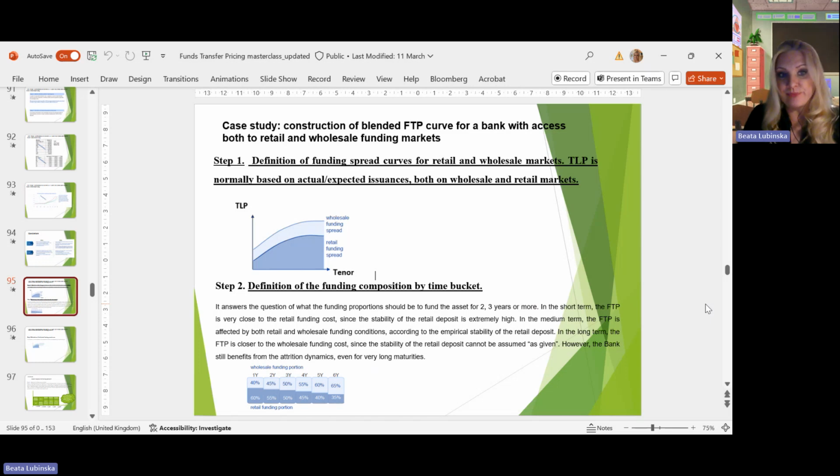Those customers are known as those who will be shopping for the better rate, and how to reflect in FTP this changing situation, the fact that we have a slowdown in the asset origination, and at the same time you have those NMDs piling up on the balance sheet. So this model, you agree with me, is changing completely the structure of funding.